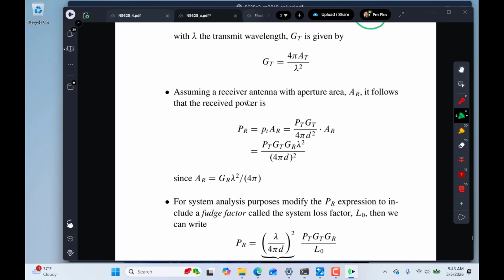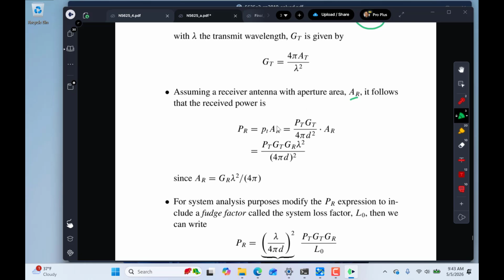We assume that the receiver also has an aperture type antenna with an area AR for received, and the two antennas are pointing to each other. One puts out flux density in that aperture area of so many watts per meter squared. The other one collects it with a certain aperture area. So the aperture areas combine together to form received power.